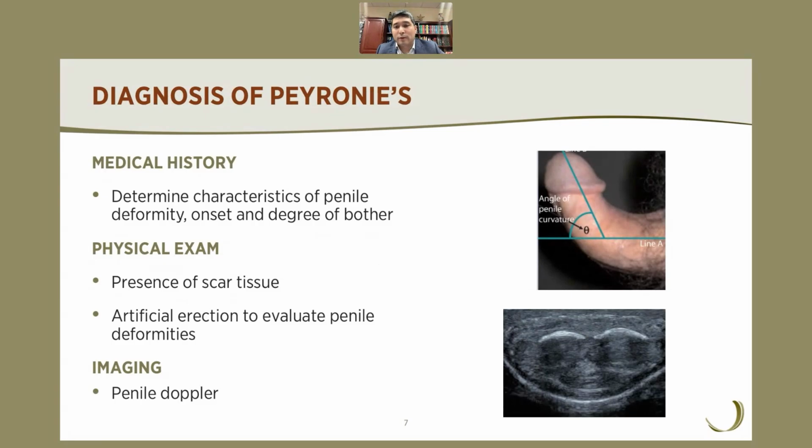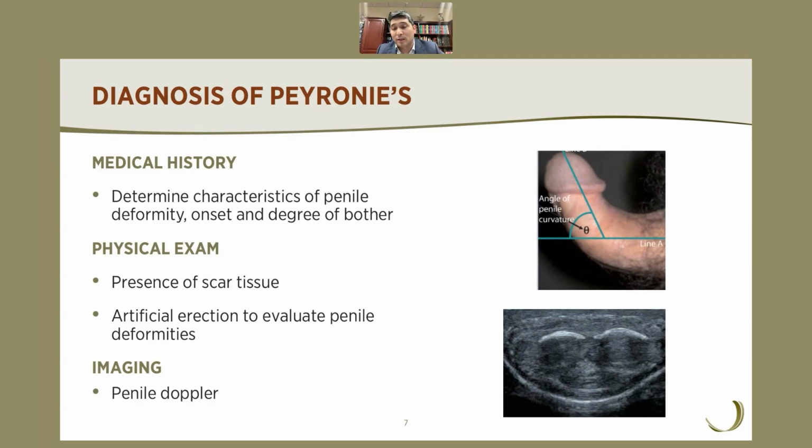So when a patient first presents to a urologist, we will ask a detailed history. We'll gather information on the onset of the disease, what penile deformities they're experiencing, so the curvature changes, the girth changes, any loss of penile length.